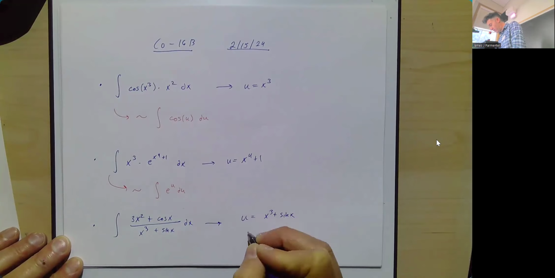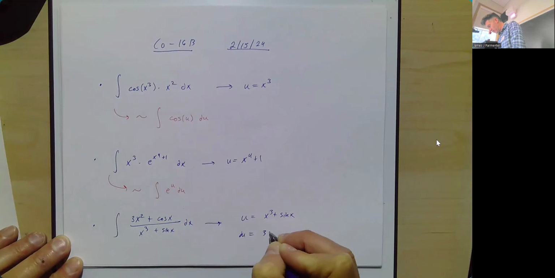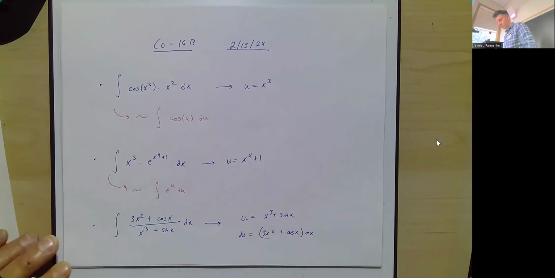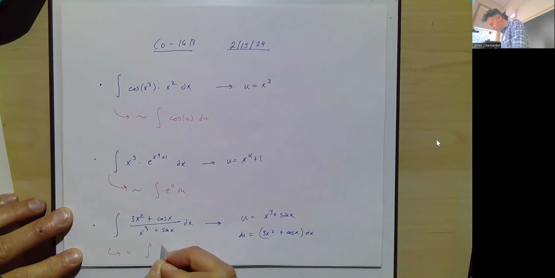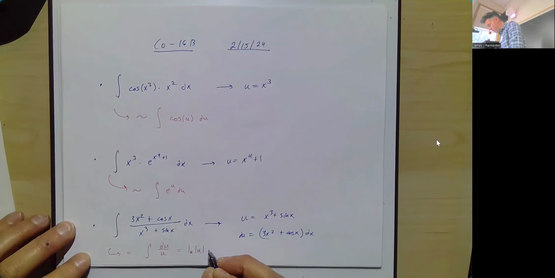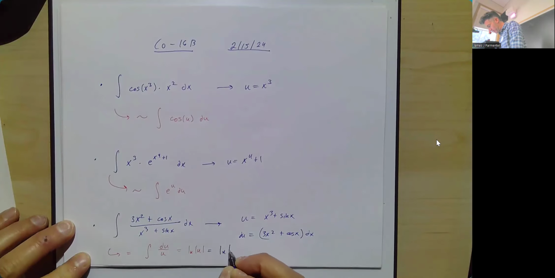The du is exactly 3x squared plus cosine of x times dx. So here we could rewrite this as the integral of du over u, which would be the natural log of the absolute value of u, which would then become the natural log of the absolute value of x cubed plus sine of x.